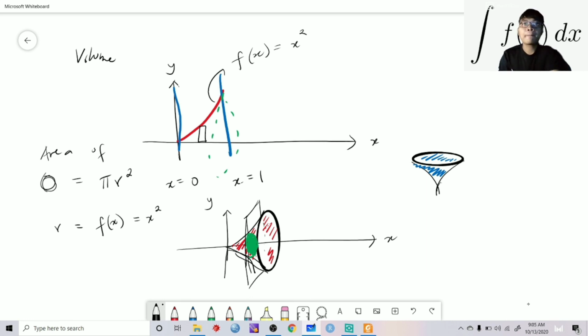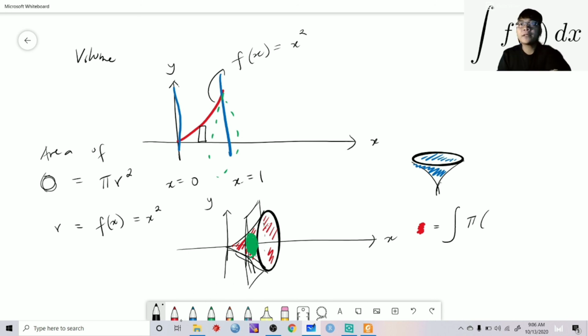By that, the red volume is equal to, we integrate the area r squared.